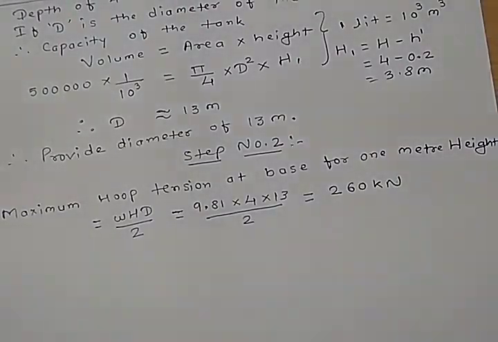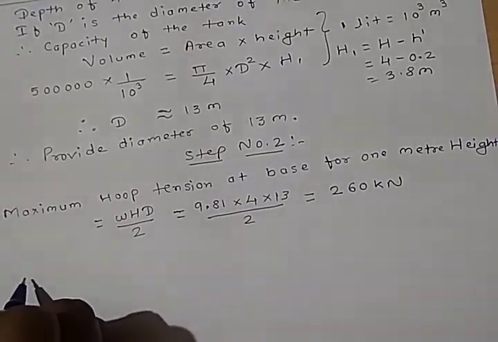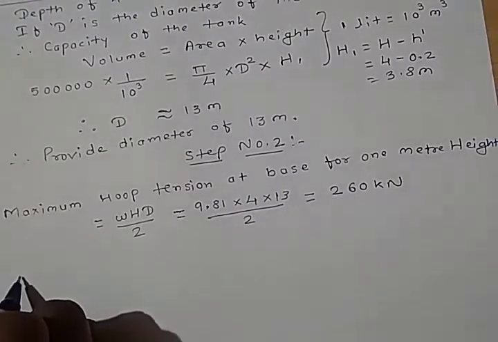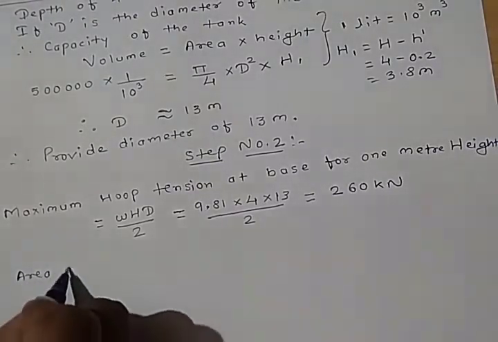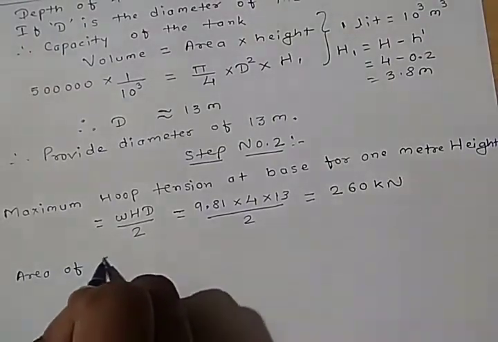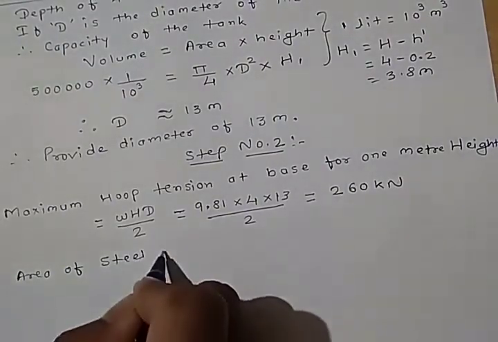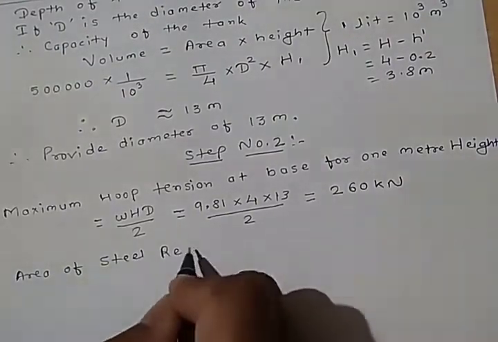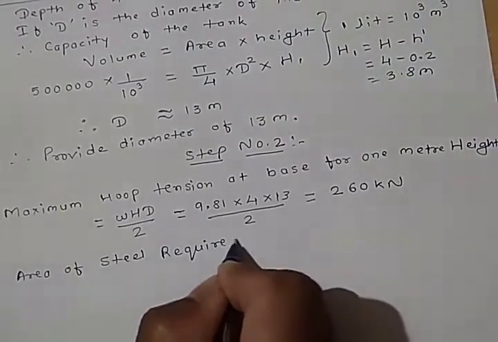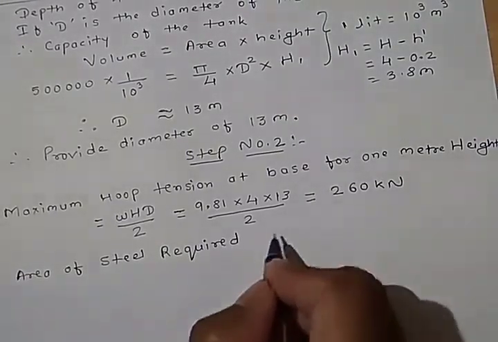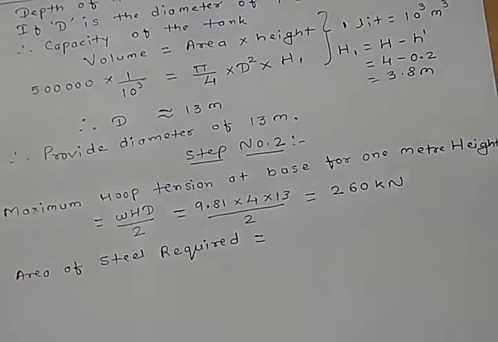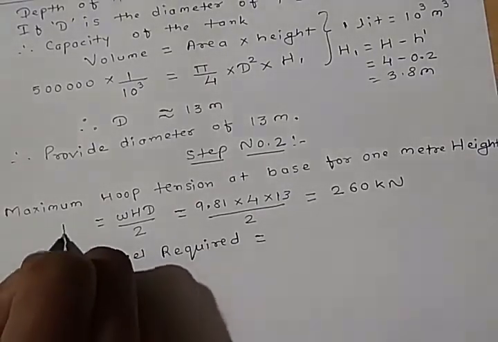So we will write down area of steel required. This is equal to the maximum hoop tension, T max.